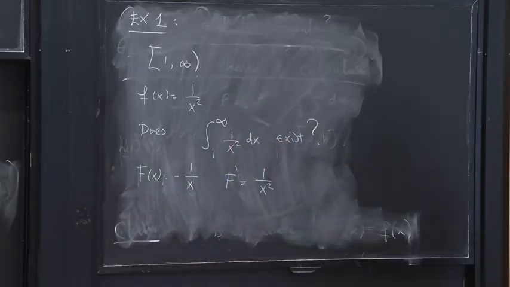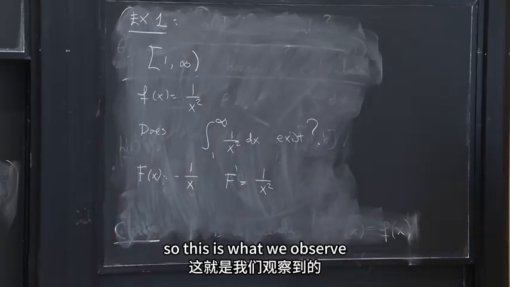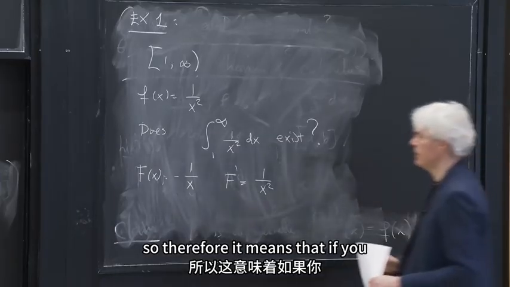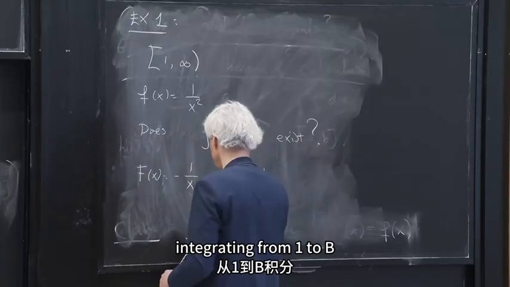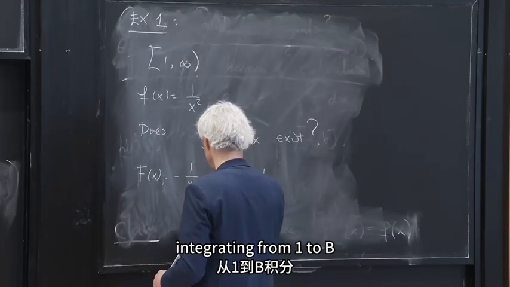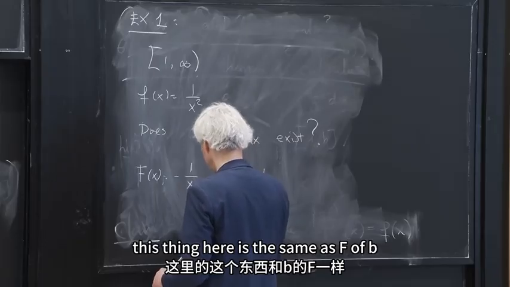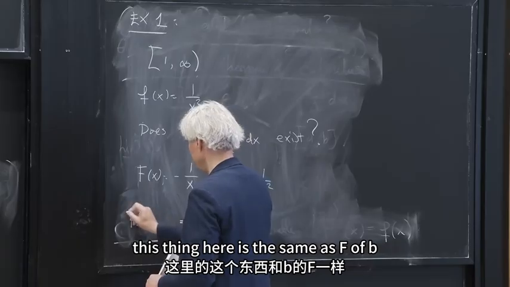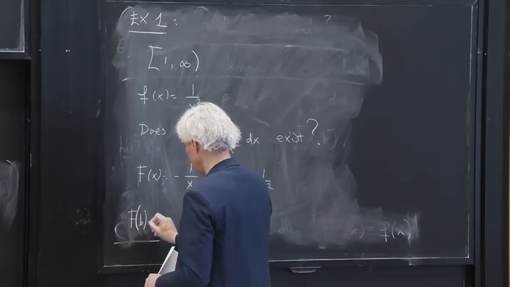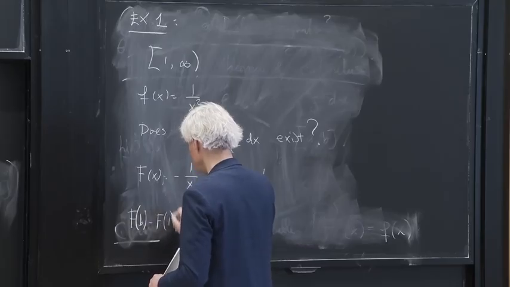So therefore, integrating from 1 to b of 1 over x squared dx is the same as f of b minus f of 1.